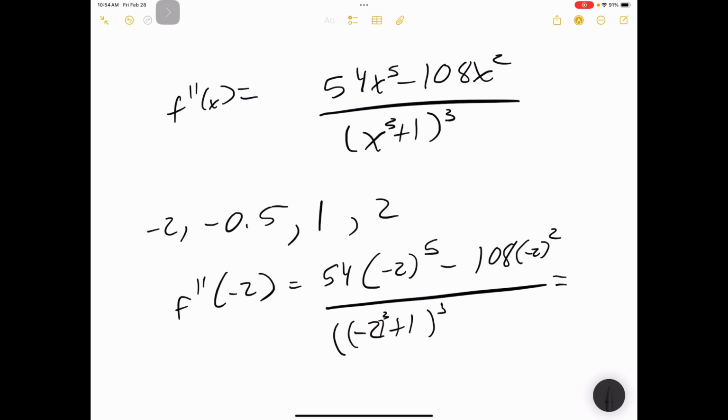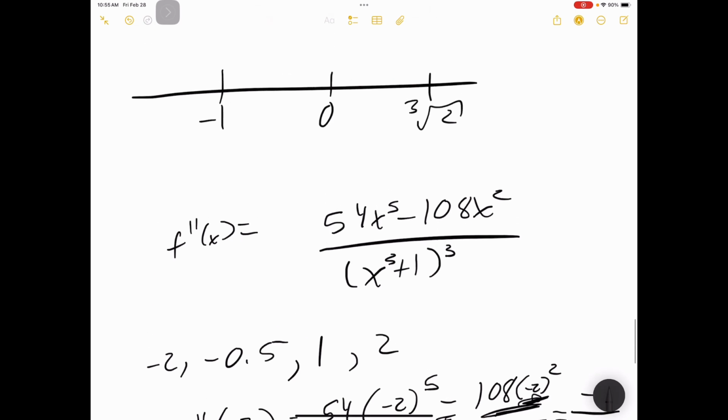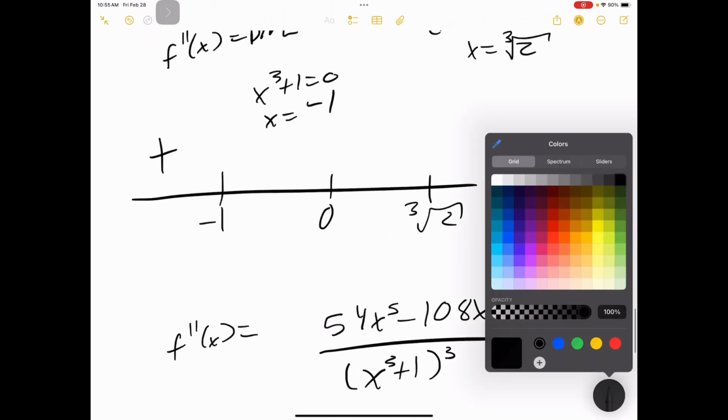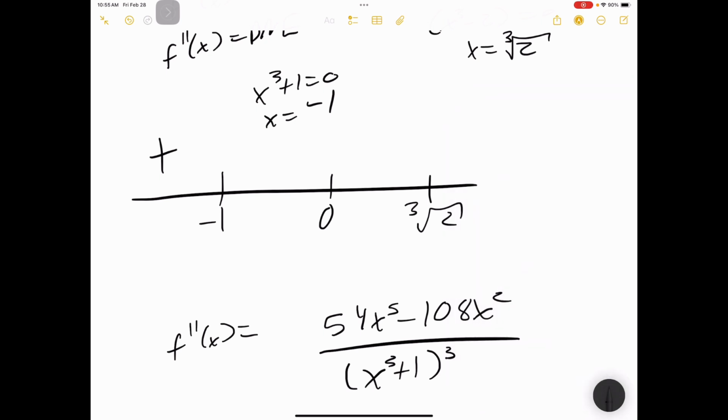I'm just going to look at the top and see that I have a really big negative thing, and I'm subtracting something from it because negative 2 squared is a positive number and we have a minus sign. So we're going to get something super negative on the top, and then negative 2 cubed plus 1 is obviously going to be negative. Cube that, it's still going to be negative. We end up with a negative over a negative. So f double prime at negative 2 is going to be positive. So to the left of negative 1, the second derivative is positive.